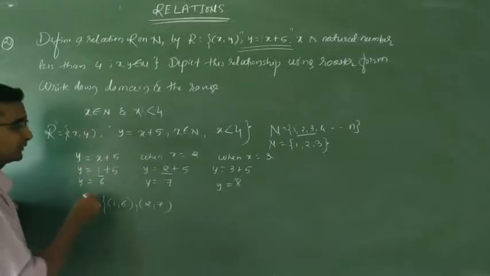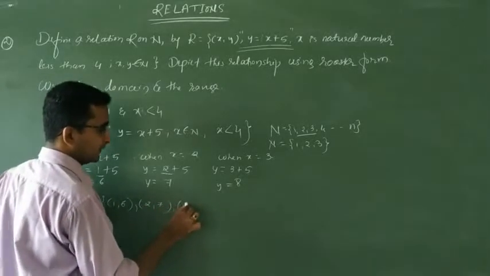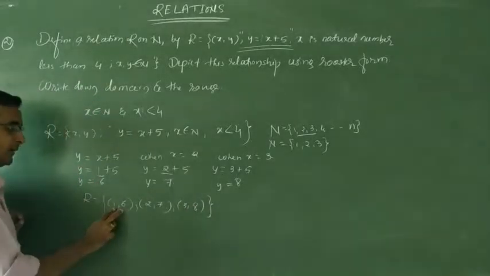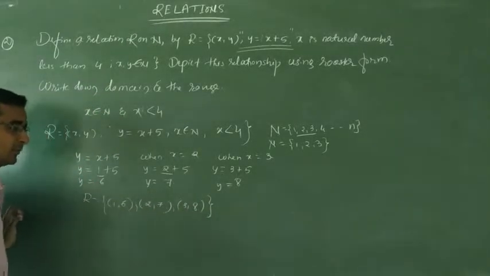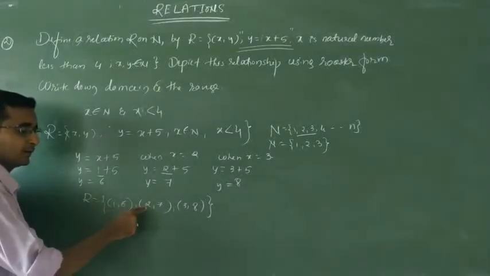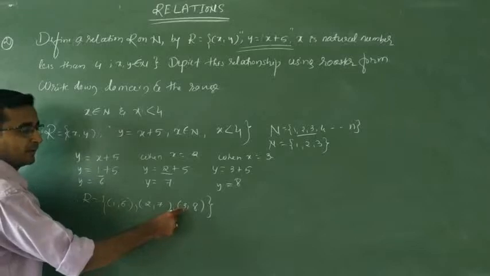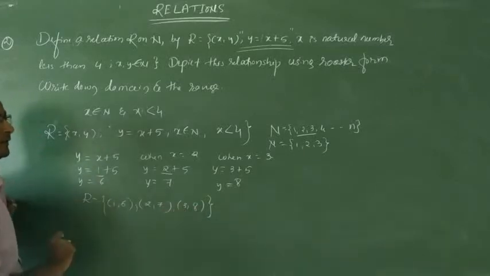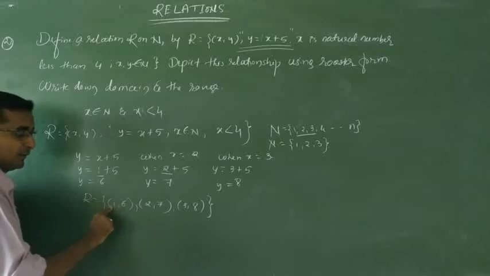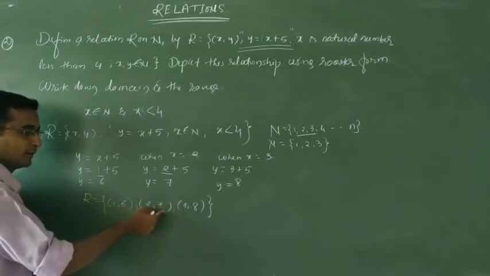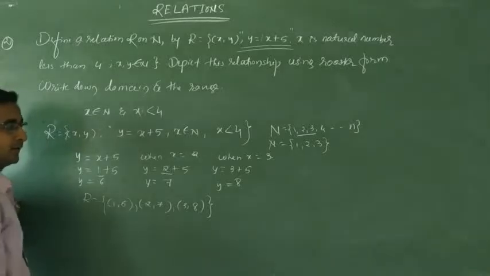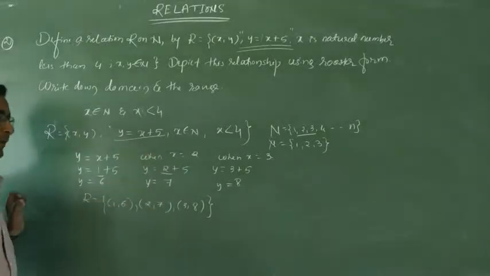When x is 3, y is 8. So these ordered pairs are the relationship between x and y. This 1 is related to 6, this 2 is related to 7, this 3 is related to 8. How are they related? That is y is equal to x plus 5.